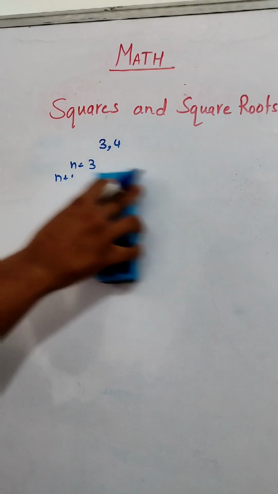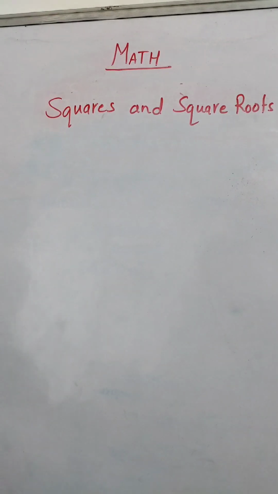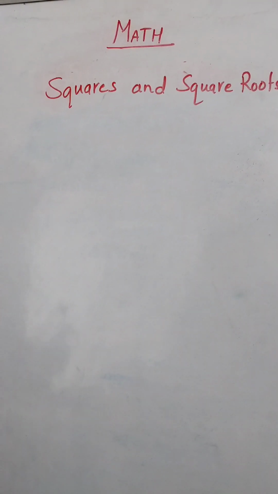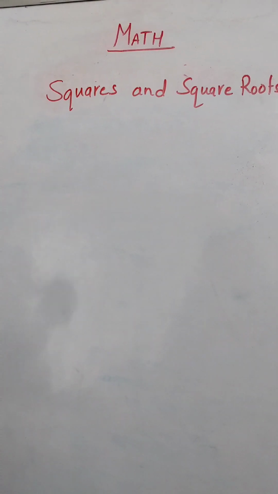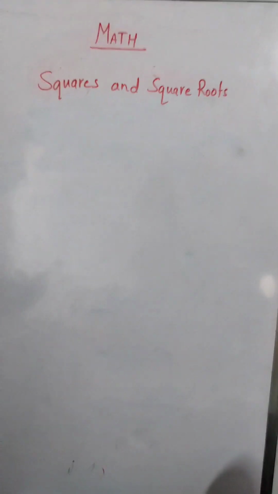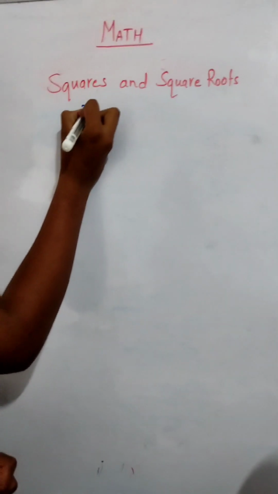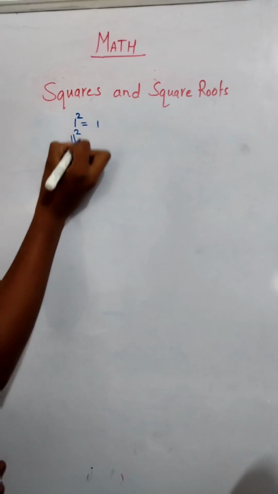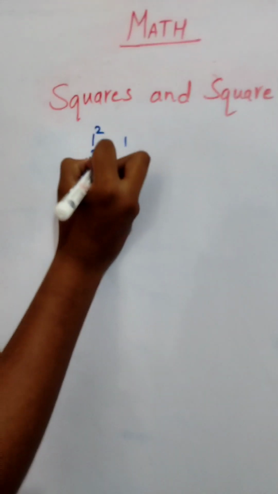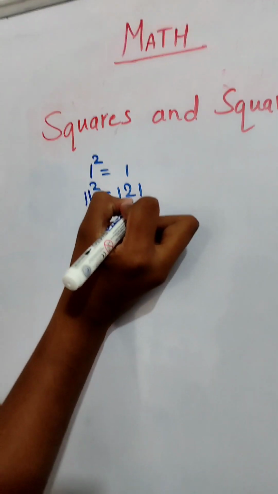Now let's see some special patterns that we can see when we square some numbers. There's a very interesting pattern: we can take 1 square, which is 1, and 11 square, by adding another 1 to this, we get 121.